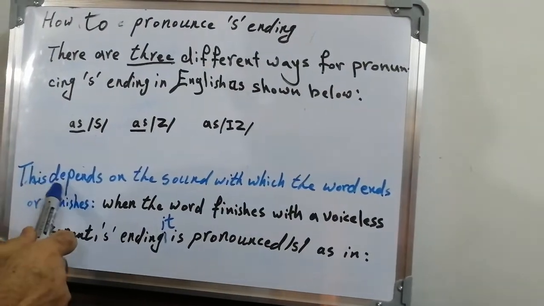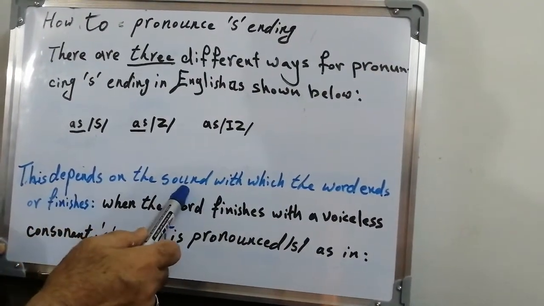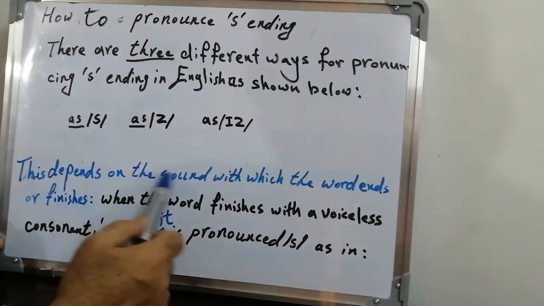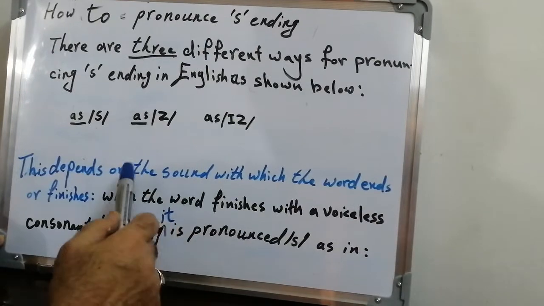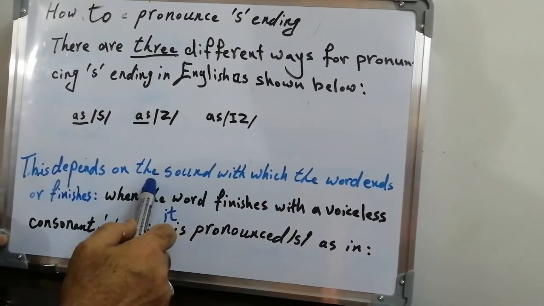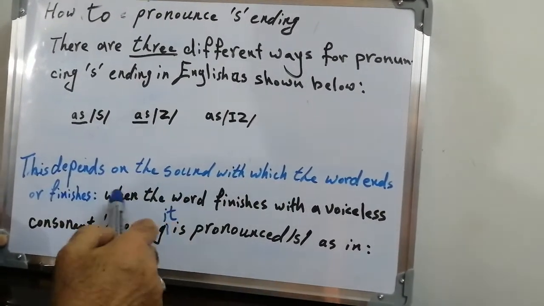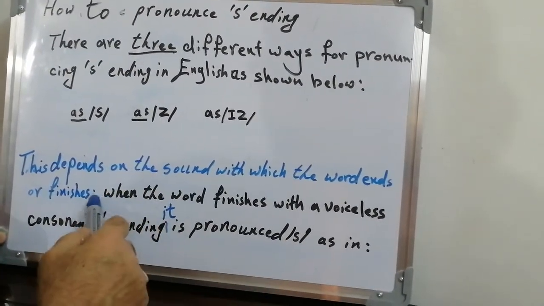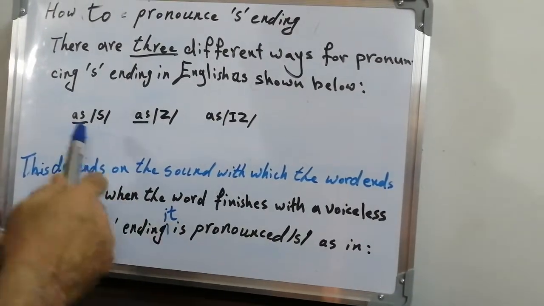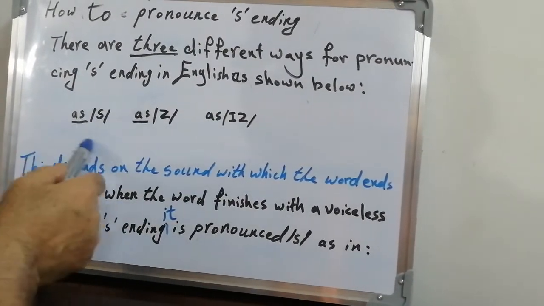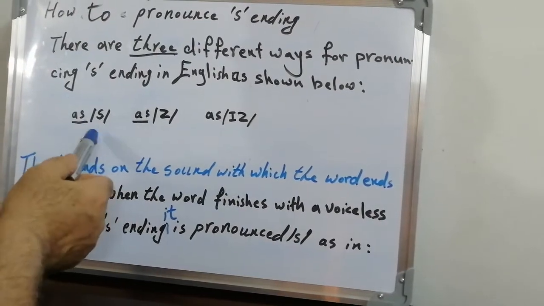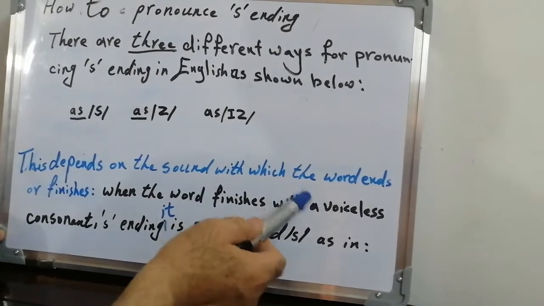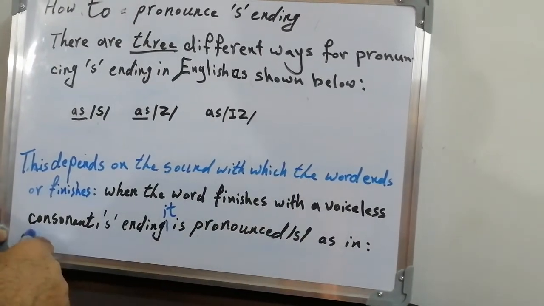This depends, as I have written here, on the sound with which the word ends or finishes. So the sound with which the word finishes is very important to determine the pronunciation of the S. Here, the first rule, which is concerned with adding S and pronouncing it as /s/, is when the word finishes or ends with a voiceless consonant.